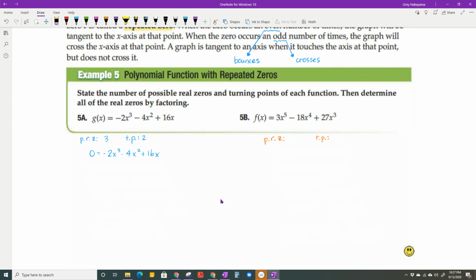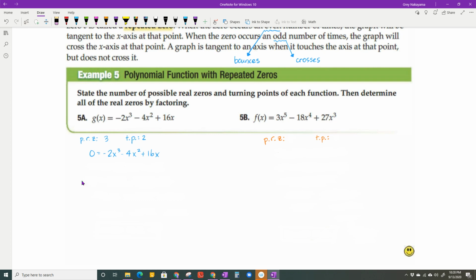But I do have a GCF, and my GCF this time, y'all, is not only a variable, but also a 2. Now, if you don't see the 2, it's just going to make your factoring more difficult. And the other thing that's really important, if you don't want to get marked wrong in Delta Math or IXL or whatever you do, whenever you have your polynomials in standard form and your leading coefficient is negative, when you're factoring, you need to factor out that negative.